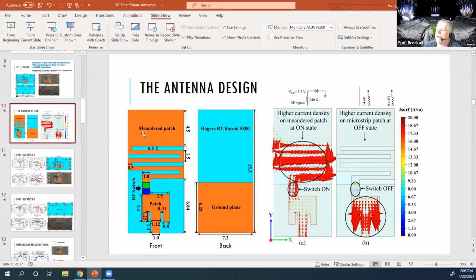It's just curious why they would. It seems like they could have ended the patch right there and saved a lot of metal. I'm not sure why all the metal's there, because there's certainly no current on it. So I'm not sure what that metal is doing exactly. Right. Seems like they could have just kept meandering the patch.